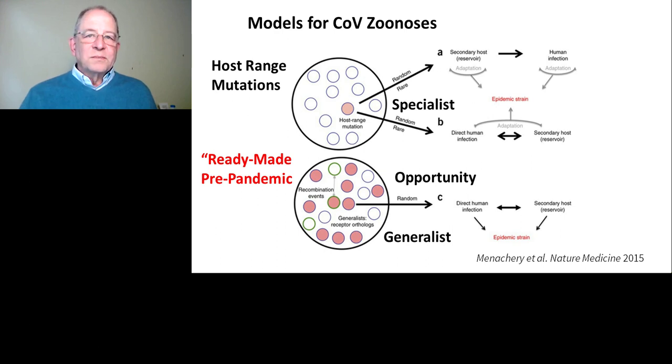In contrast, the data that's emerging for coronaviruses seems to support more the idea that in these large diverse populations of bats and other places, you really have a vast diversity of viruses, some of which are functioning maybe as specialists, but others which are emerging and evolving as generalists. That is, they're ready-made to move into new hosts. And what they lack is opportunity.